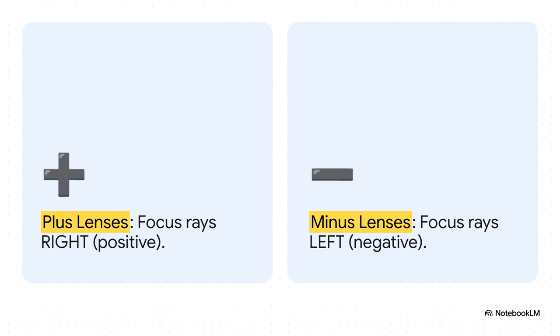Plus lenses have positive diopters because they focus parallel rays to the right of the lens, which, as our rules dictate, is a positive distance. Minus lenses have negative diopters because their virtual focal point for those incoming parallel rays is traced to the left of the lens, which is always going to be a negative distance. These signs aren't just arbitrary. They are a direct mathematical reflection of the physical reality, all based on that left-to-right flow of light.